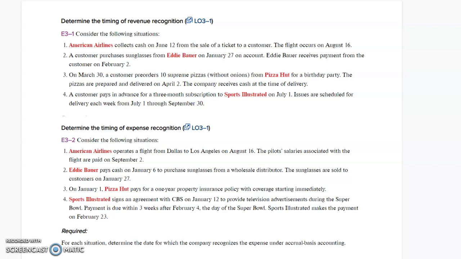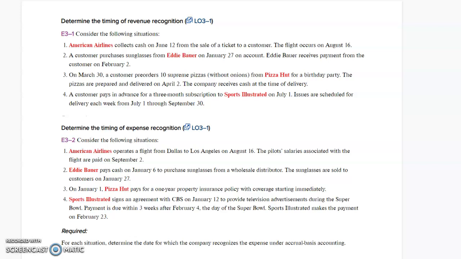You owe them the flight that's going to come in the future, or barring that, you owe them the cash back. So that's why it is a liability. Then when we get to August, when we have earned the revenue, then we debit the unearned revenue to make it zero and credit the revenue earned that will show up in the income statement in August.